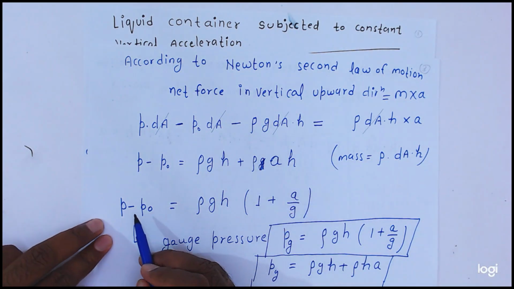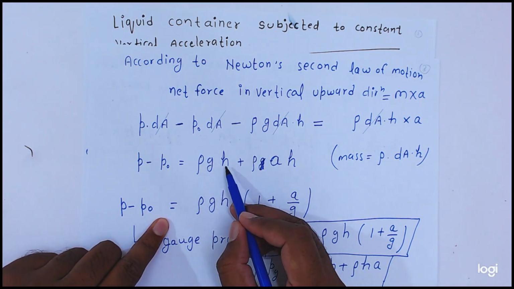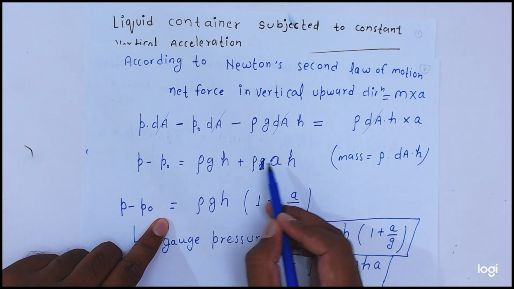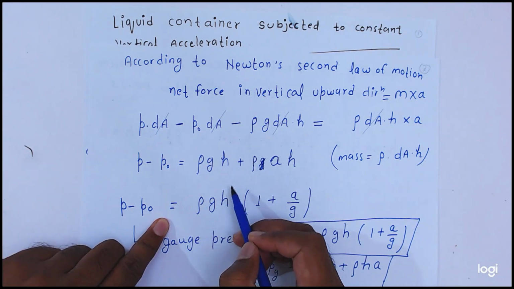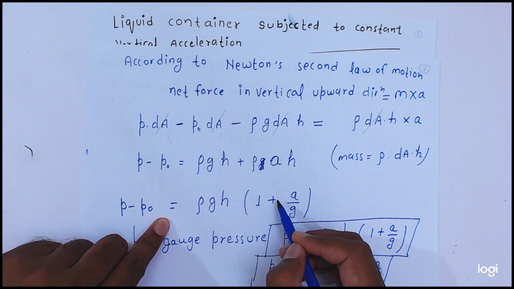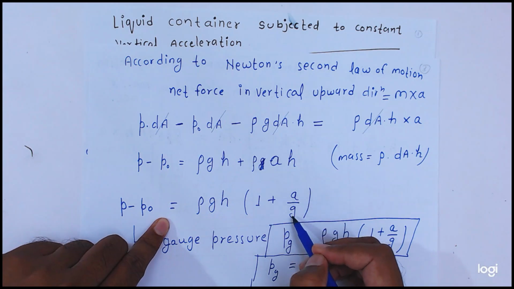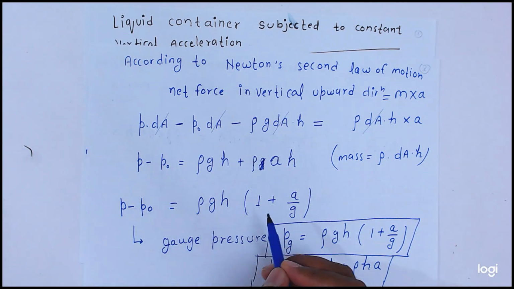Now here you see, P minus P naught equals rho h is common, so we will take rho g h common. This term is equal to 1 plus a divided by g. So P minus P naught is equal to rho g h bracket 1 plus a by g.